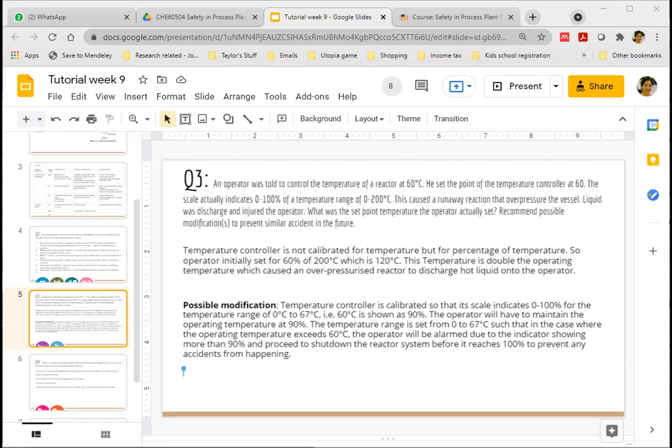So the only possible modification that we can think of without incurring additional costs was to recalibrate the temperature controller so that the new scale indicates 0 to 100% for the temperature range of 0 to approximately 67 degrees Celsius, such that the operating temperature at 60 is shown as 90% on the indicator. That way, the operator will have to maintain the reactor operating temperature at 90%.